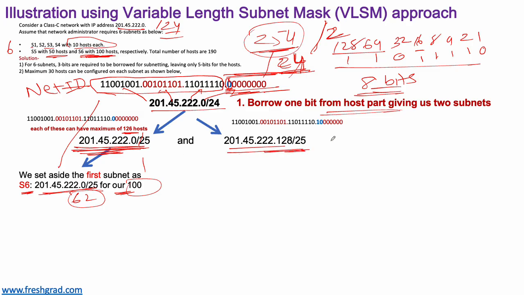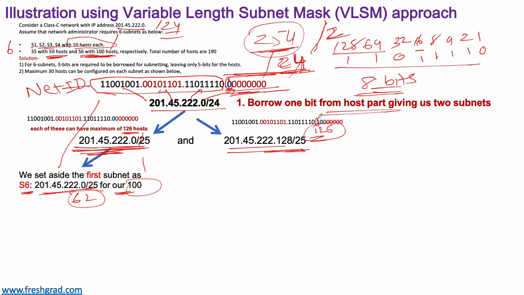And now let's talk about here. This one still has 126 hosts, but in this 126 hosts, we need to address 50 and four more subnets, right? And each subnet will have 10 hosts. So let's borrow one more bit from this one.